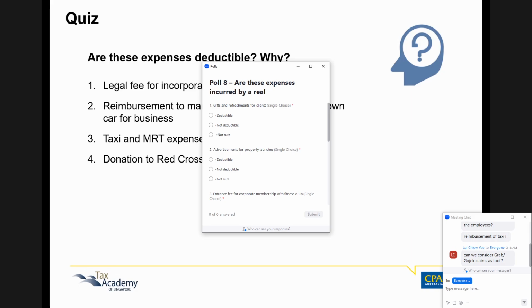Again, you key in your choice and then we will check the answers as well. Okay, I see at least a response.